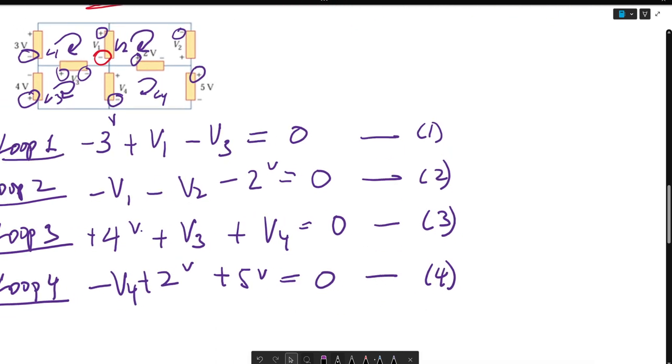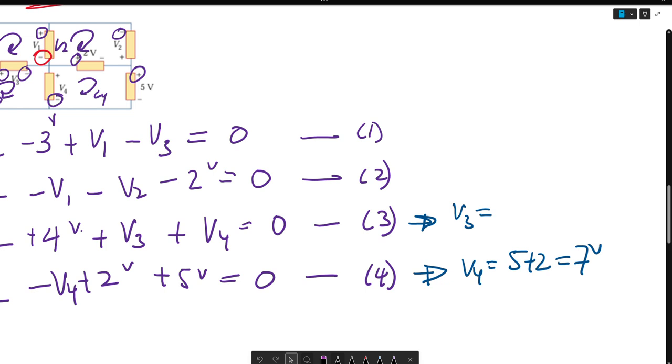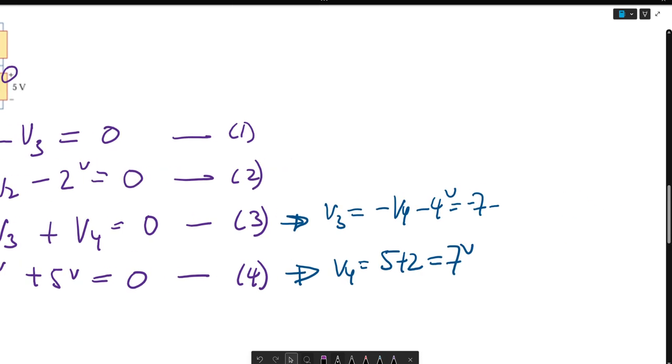If we come here, we could solve for V4, which is equal to 5 plus 2, which is equal to 7 volts. Then let's go to loop 3, and we could say V3 is equal to negative V4 minus 4 volts, which is negative 7 minus 4, which is equal to negative 11 volts.